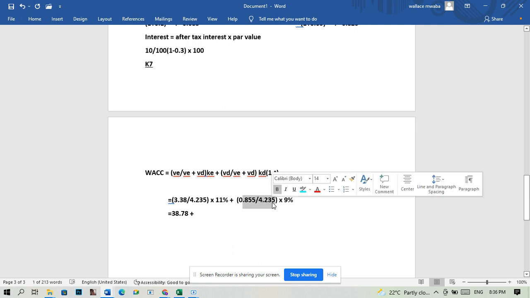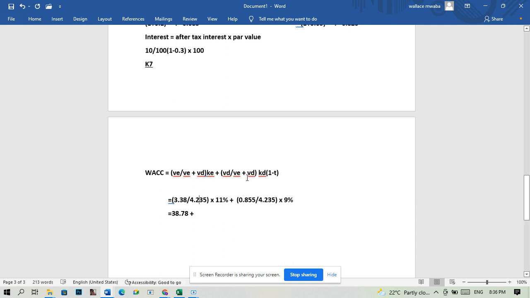0.855 divided by 4.235. Then have you forgotten the plus there? VD or what? Plus VD. This VE plus VD is this.